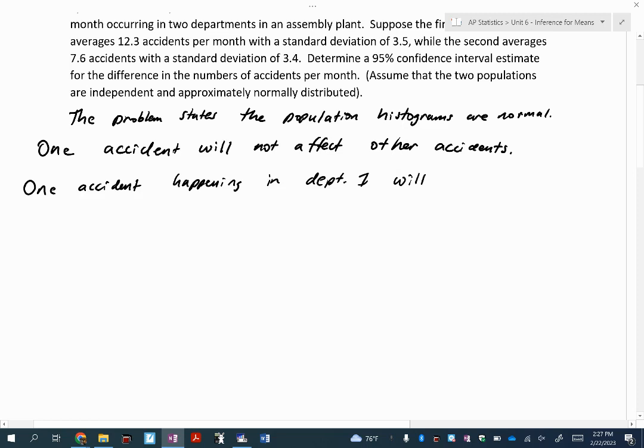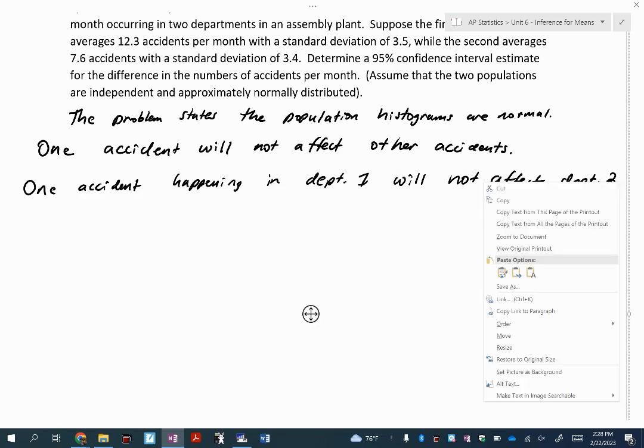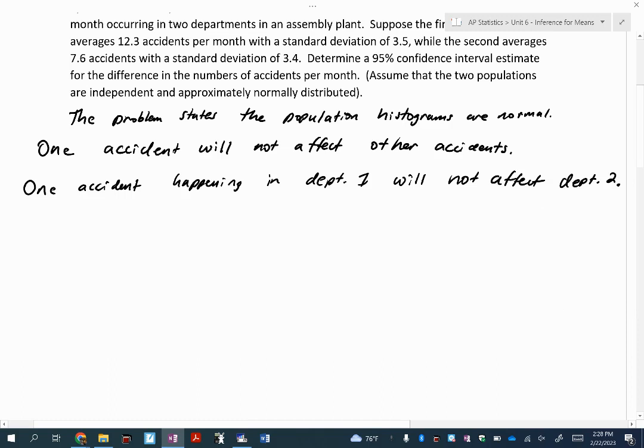So one accident happening in Department 1 will not affect Department 2. Now, we don't know if that's true or not. We don't really know a whole lot about this assembly plant. All right, so we should check a few things.